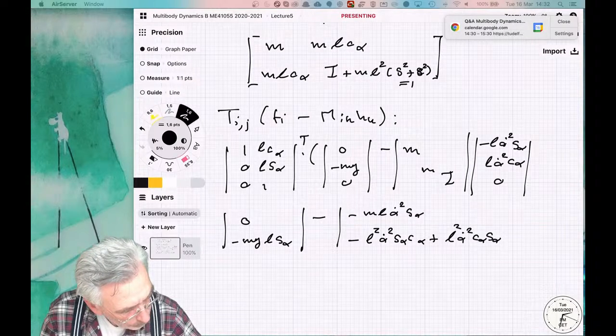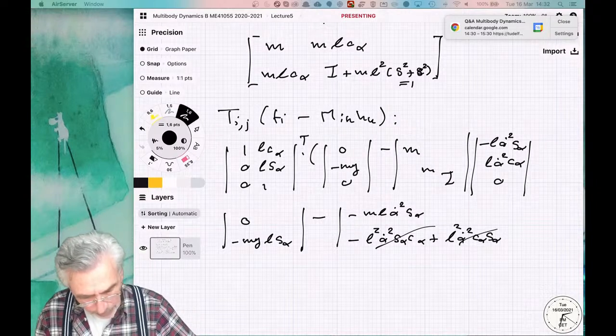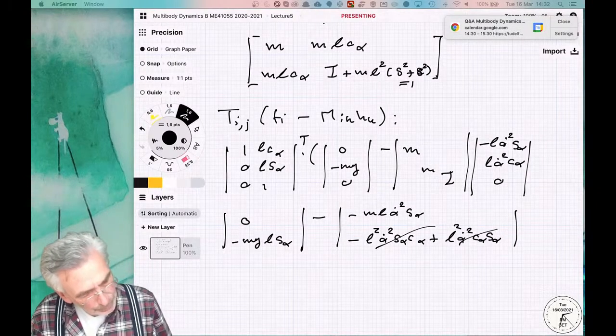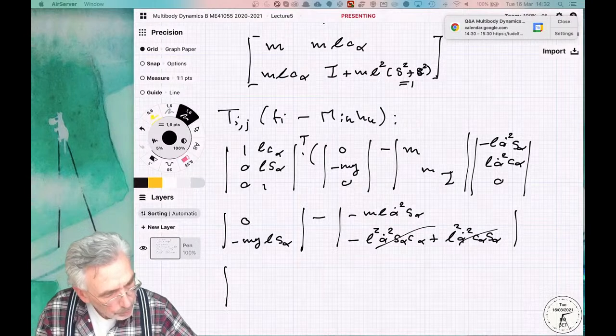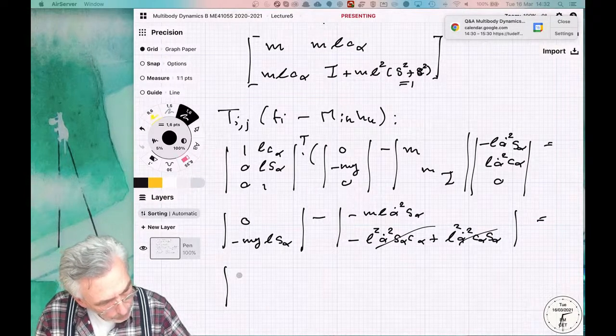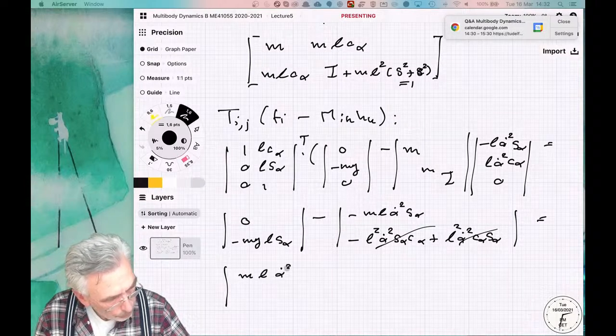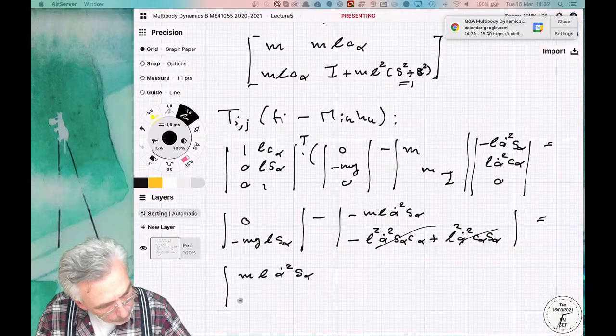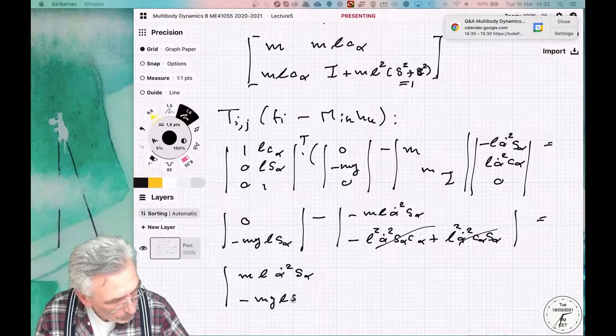Oh, hey, they go away. That's nice. So remains, of course, minus minus is ml alpha dot squared sine alpha, and here we get minus mgl sine alpha.